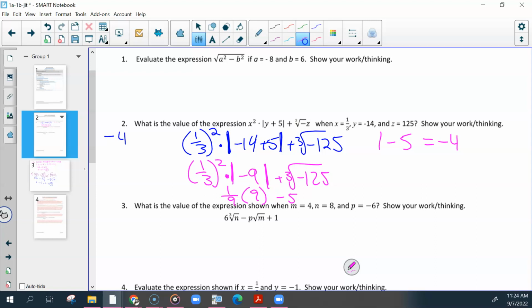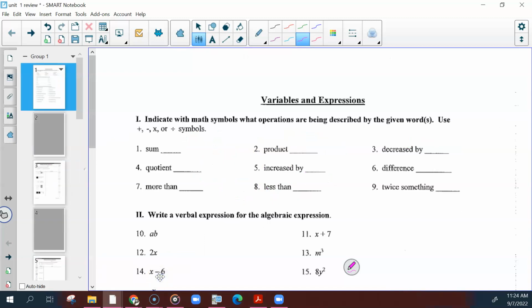Alright. On the review that I gave you guys last class, the one that looks like this, does anyone need another copy of this first? To start looking at the first page. Look at any that you want to go over together, have questions about. Maybe you're not sure how to start. Don't actually start doing all of these if you haven't already.